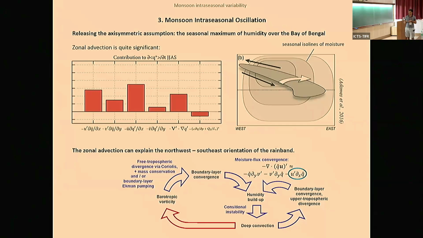And Sambrita presented a few ideas yesterday about what can be happening, especially in terms of something that's very slightly similar and slightly different from this mechanism involving zonal advection of humidity.